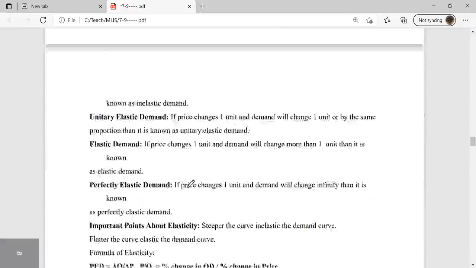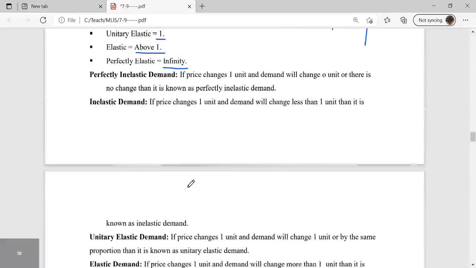Okay. So if you go through all the definitions, it's basically what we just discussed. If price changes by 1 unit, demand will change by 0 units. So there is no change when there is perfectly inelastic demand.